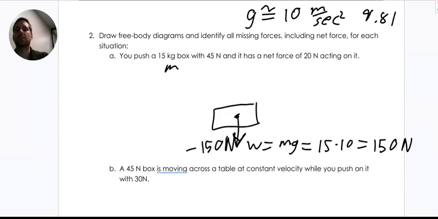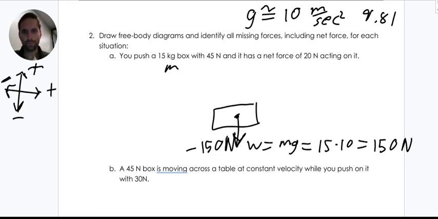So in general, my sign convention will be, for this assignment, positive going up, positive going to the right, negative going down, negative going to the left. All right. So now I know that there's a negative 150 newtons going downward.